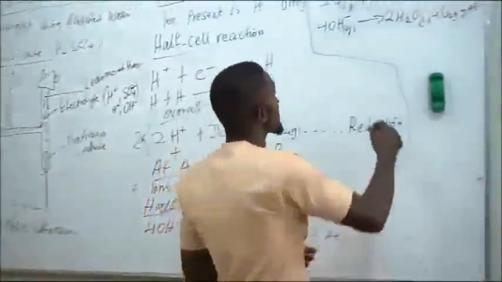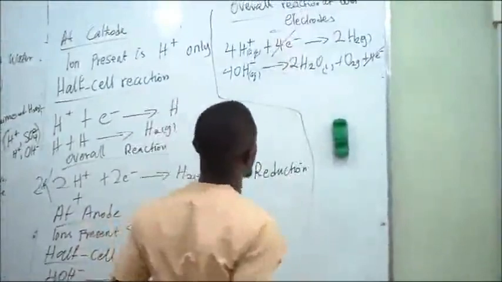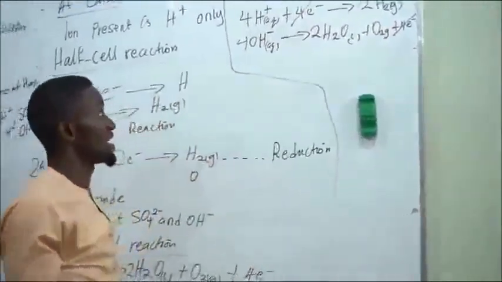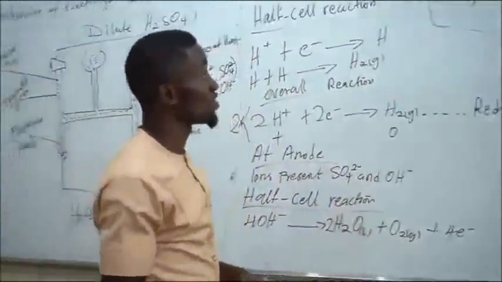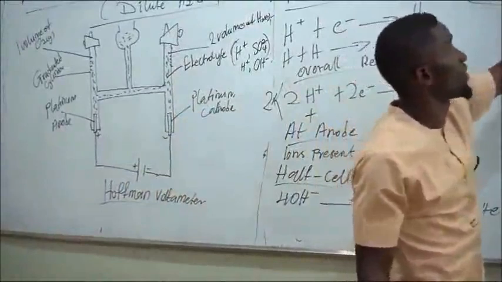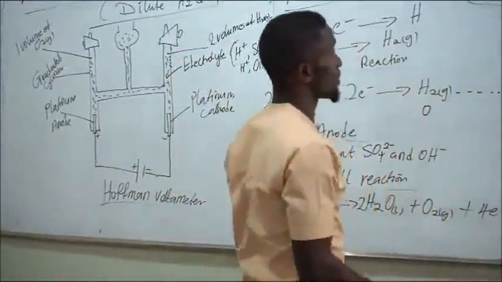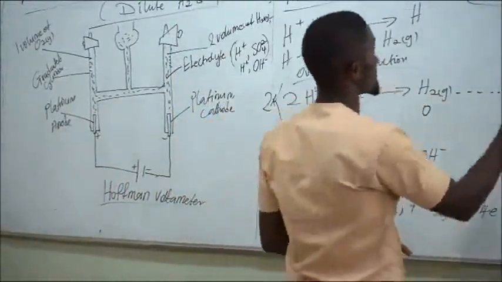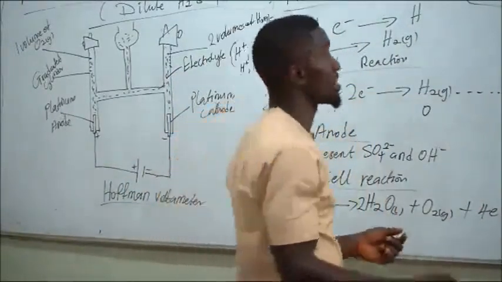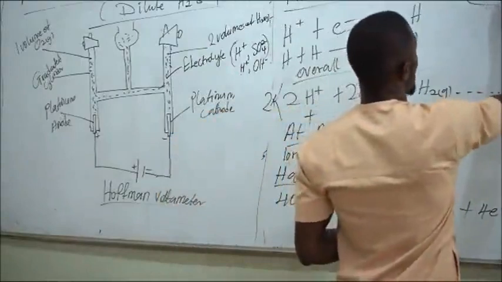Okay, so we cancel out the electrons on the reactant side and those on the product side because they have the same number of what? Molecules. So 4 molecules of electron at the reactant side and 4 molecules of electron at the product side. So you combine the equation. Hydrogen ion plus hydroxyl ion will give you 4 molecules of what? Water.